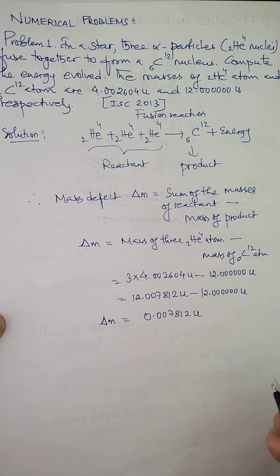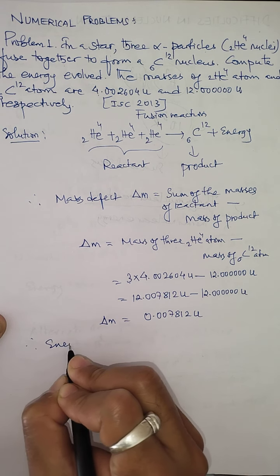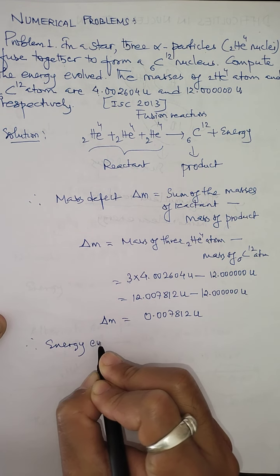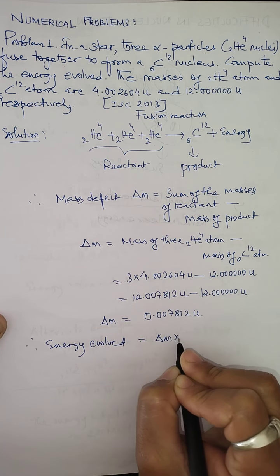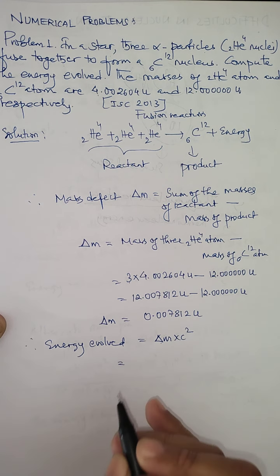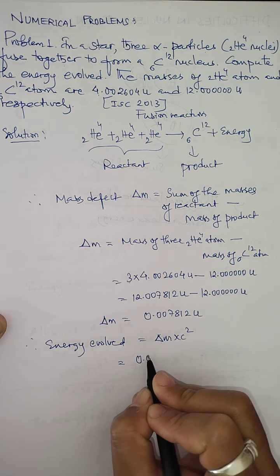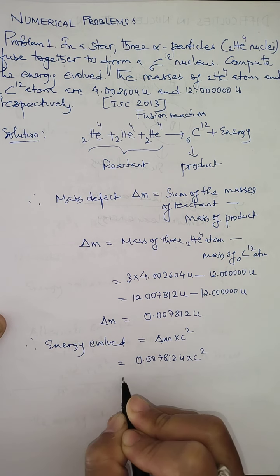This mass defect appears only in the form of energy. Therefore the energy evolved is nothing but mass defect into c squared, that is, 0.007812 U into c squared.